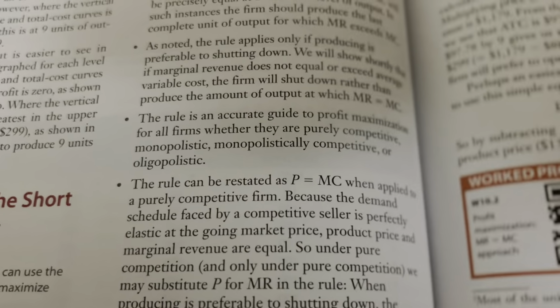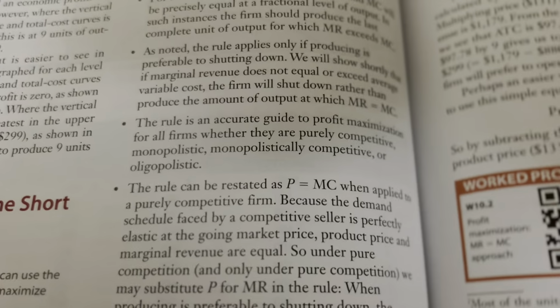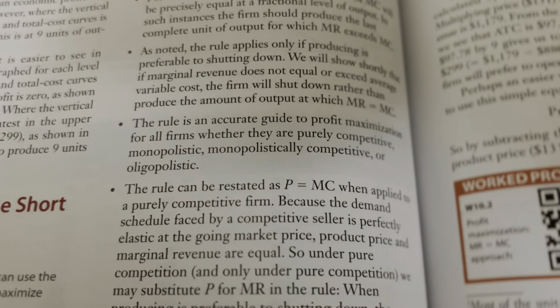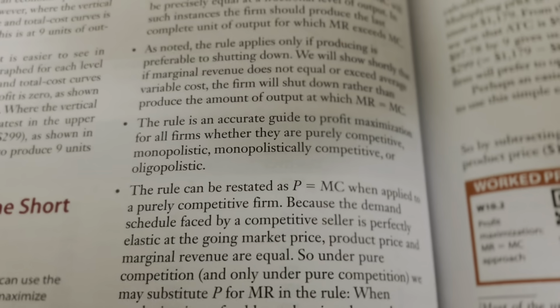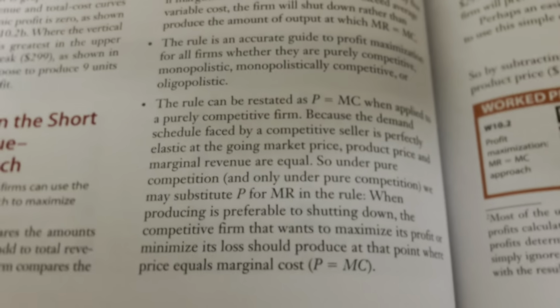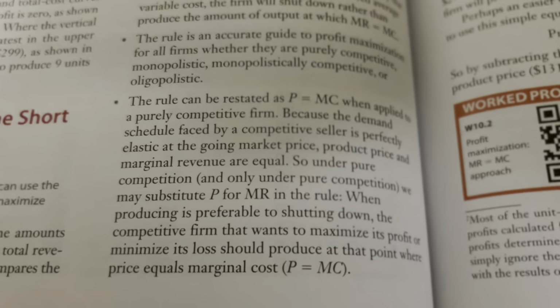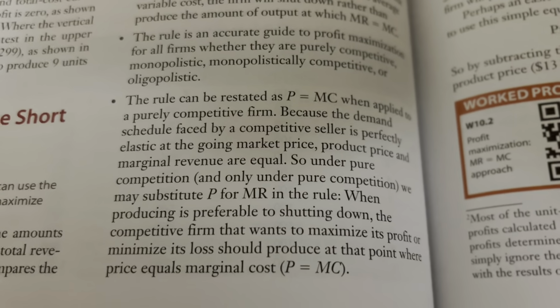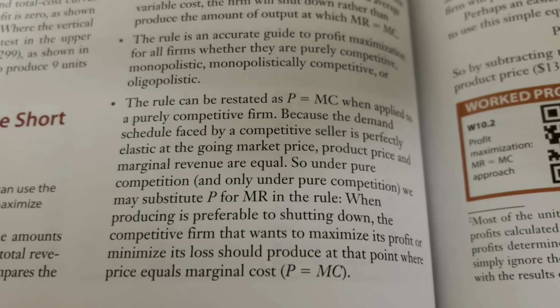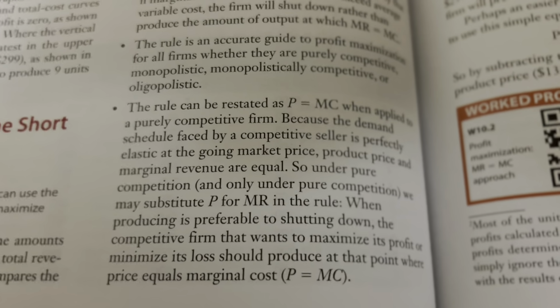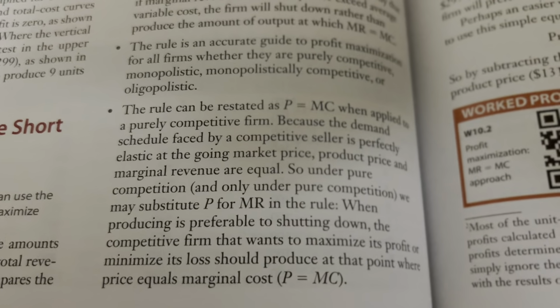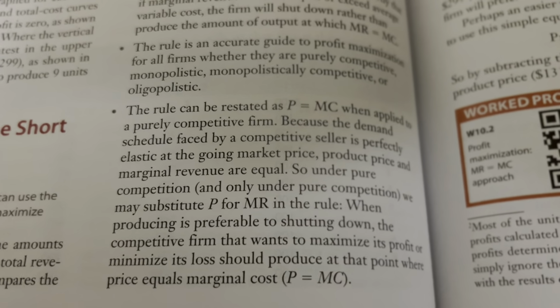This rule is an accurate guide to profit maximization for all firms, whether they are purely competitive, monopolistically competitive, or oligopolistic. The rule can be restated as price equals marginal cost, or P = MC, when applied to a purely competitive firm, because the demand schedule faced by a competitive seller is perfectly elastic at the going market price.